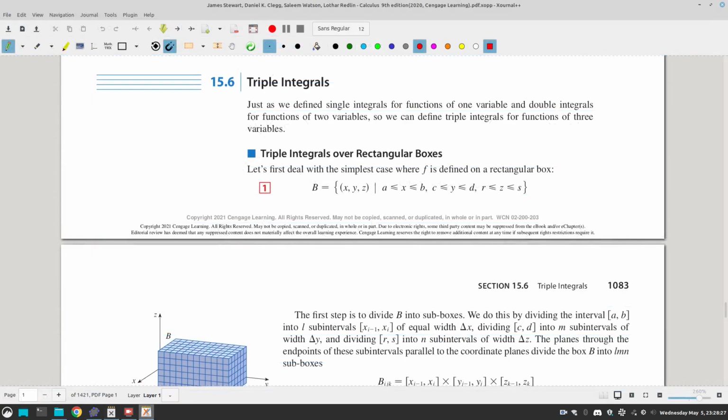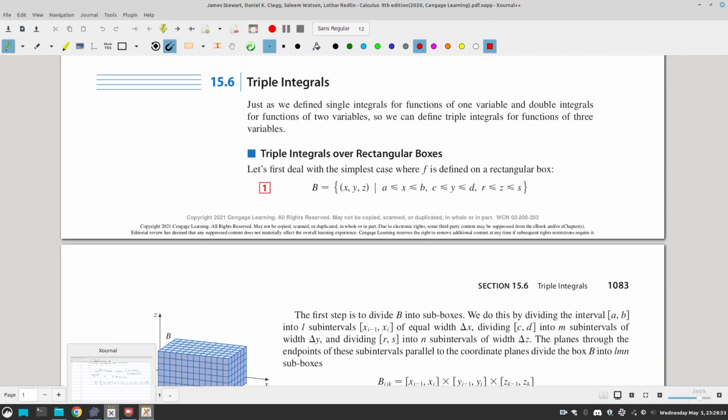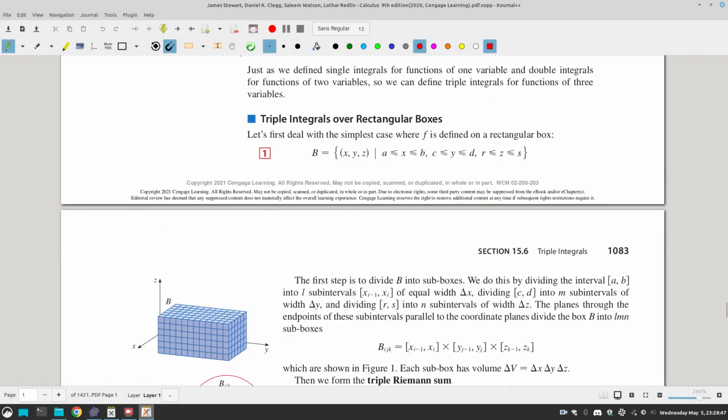Okay, let's be consistent. Let's use R to S, to agree with the book. So Z should go from R to S, and the box has this shape.